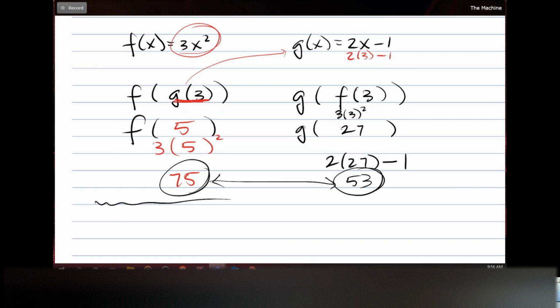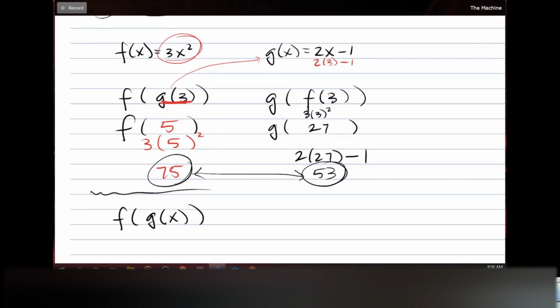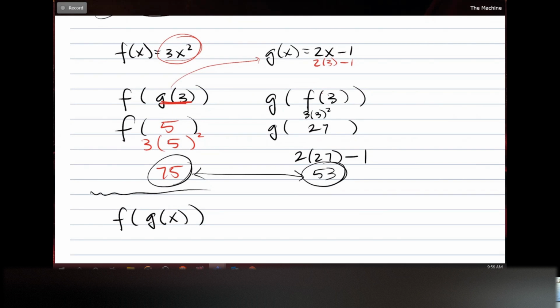Let me do f of g of x without a number. Okay, watch. What's my f structure? Isn't my f structure equal to my outer function? Isn't it going to be 3 times an input squared?